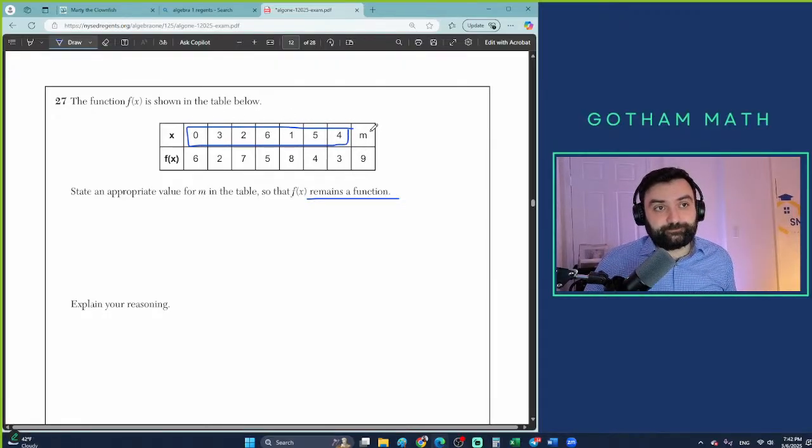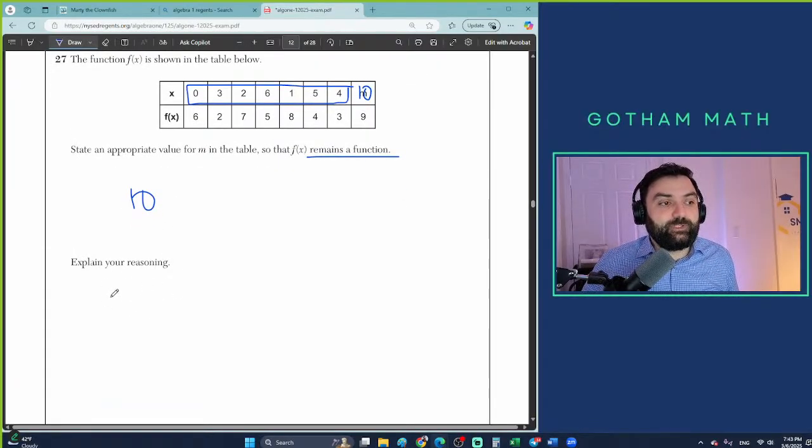So literally up to you. We can use 7, we can use 8, we can use 10. Doesn't really matter. Let's say 10. I like 10. Okay, so 10, and explain your reasoning.